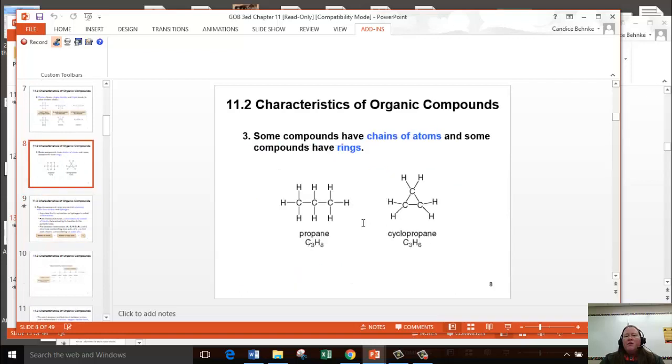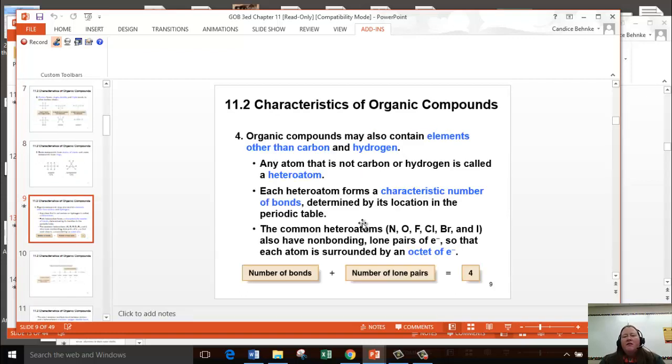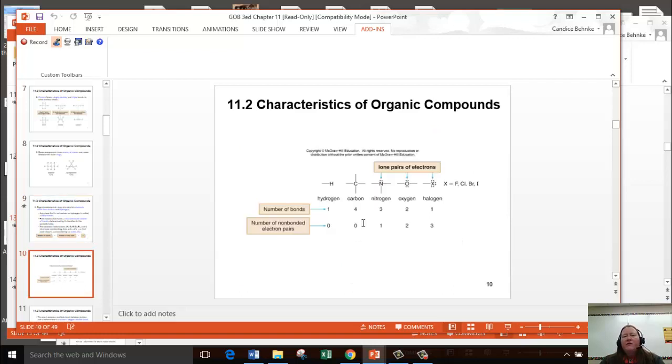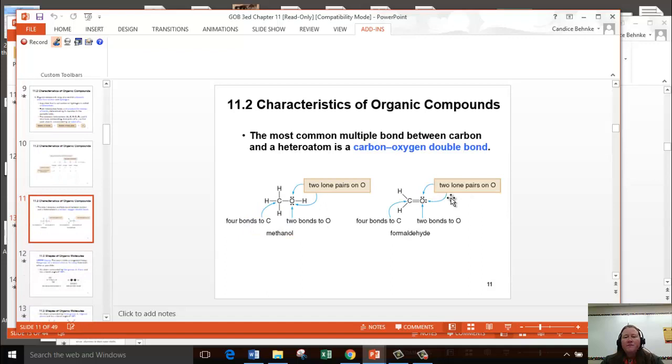We also talked about organic compounds being composed of chains and rings, and also that different types of elements will bond in different ways. So hydrogen has one bond, carbon has four bonds, nitrogen will bond to three things, oxygen typically bonds to two things, and your halogens, fluorine, chlorine, bromine, and iodine typically bond to one thing.